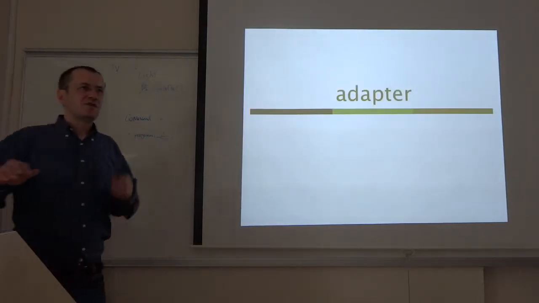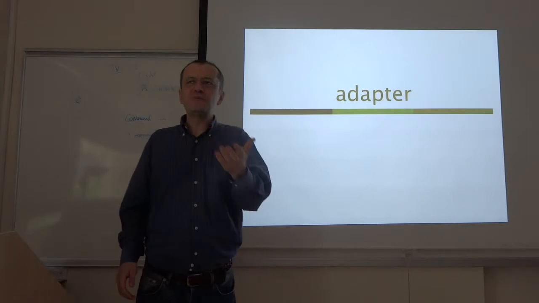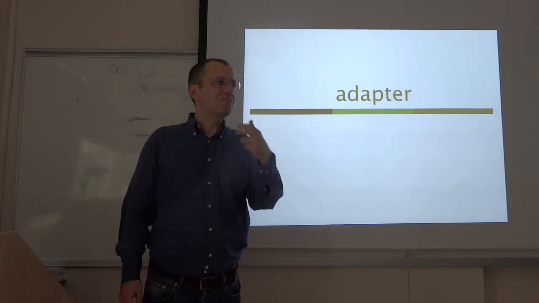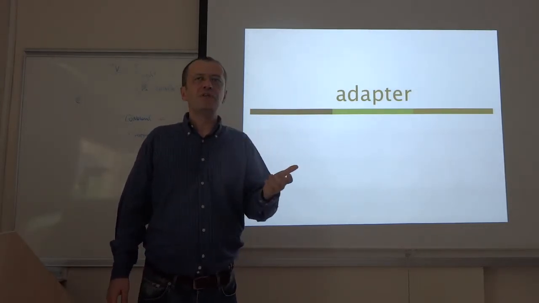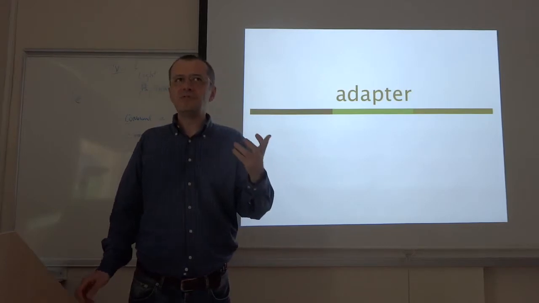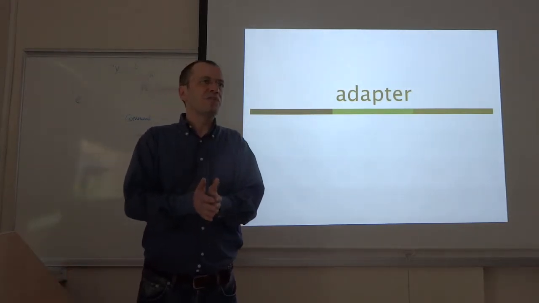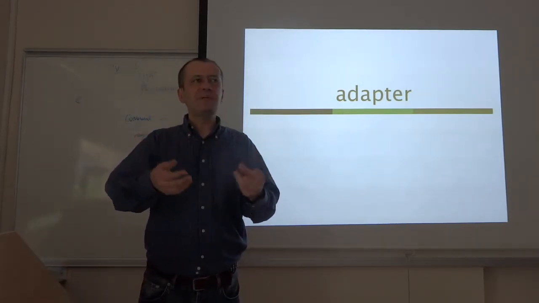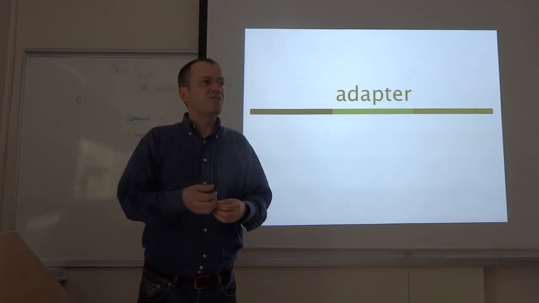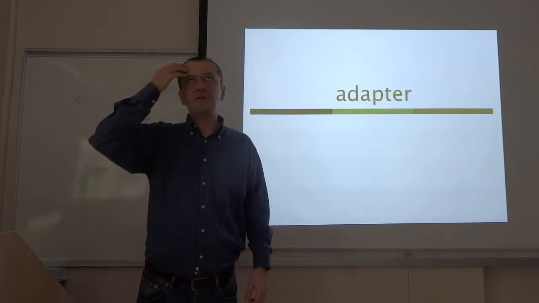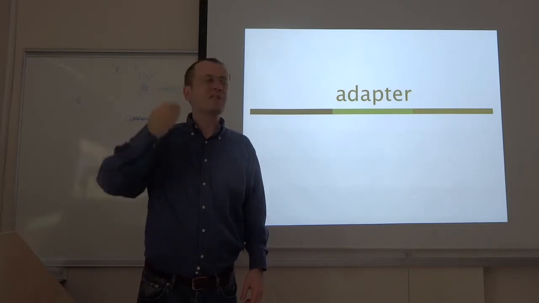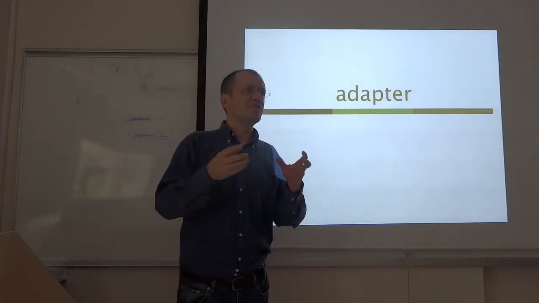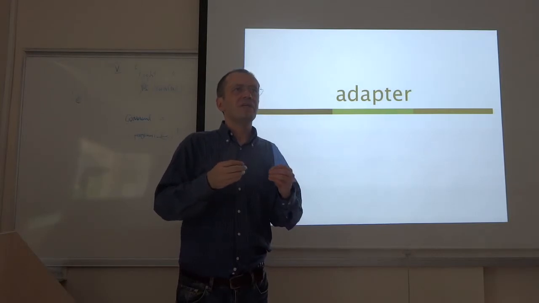Okay. So, of course, the most famous and the most obvious example of a pattern is the adapter. A pattern really makes sense when you cannot think of the solution yourself.